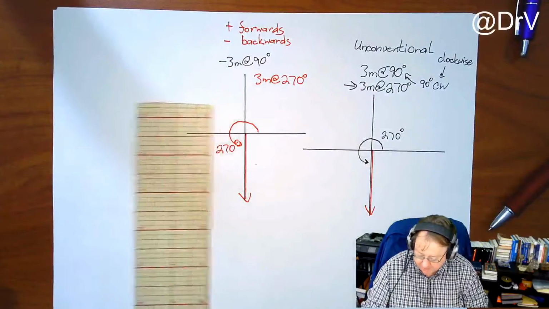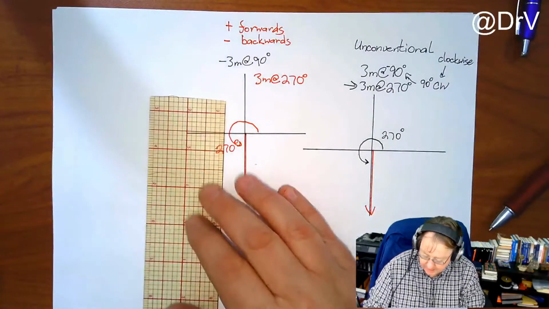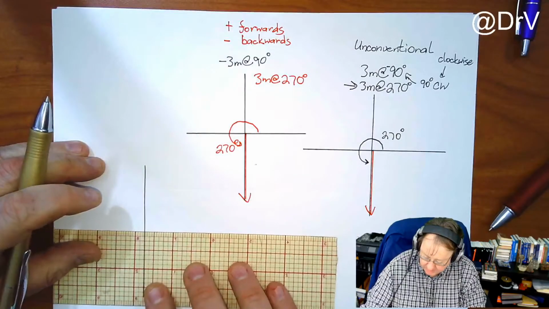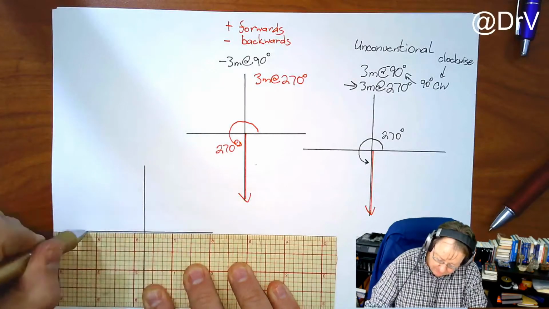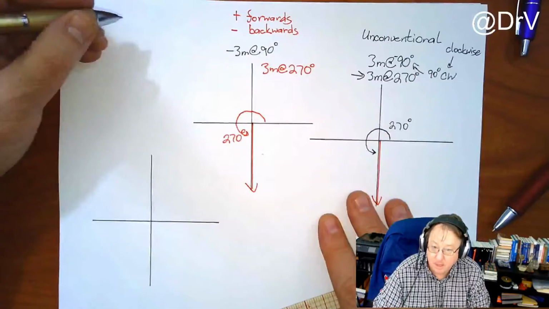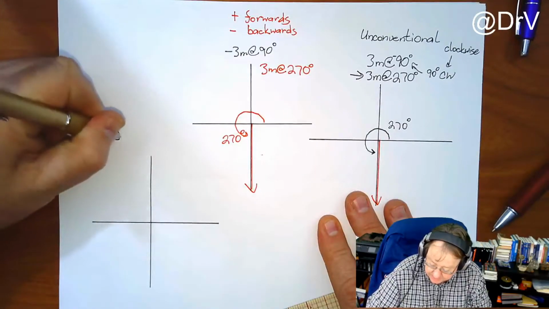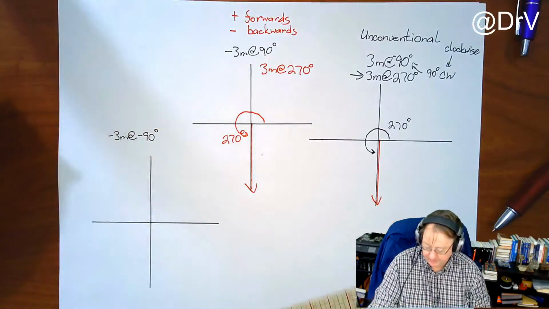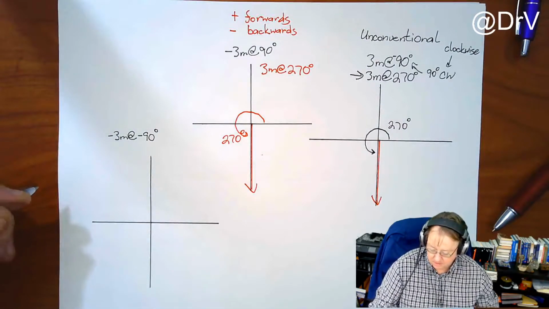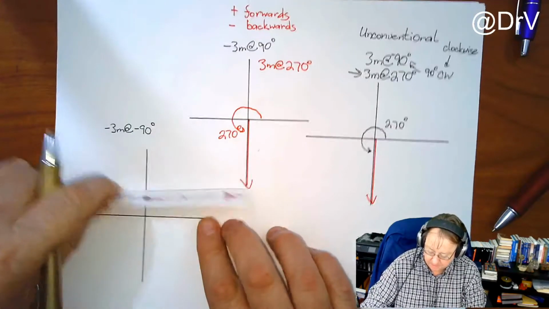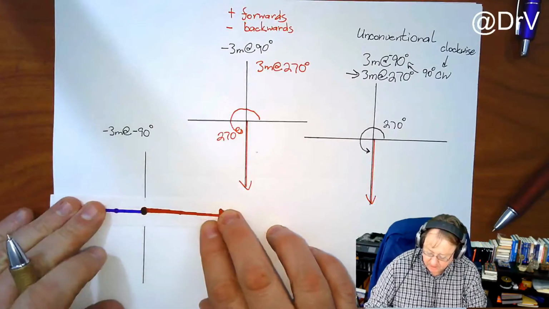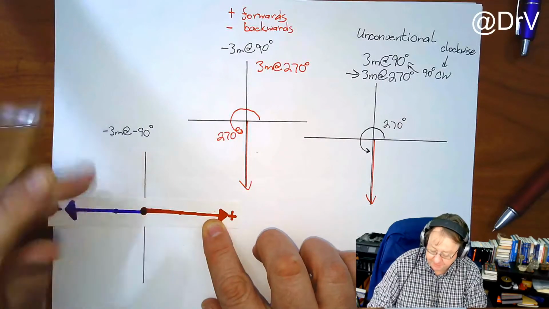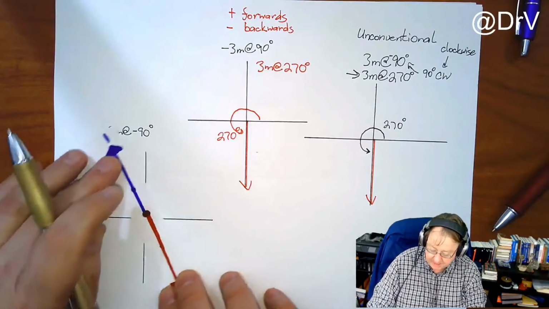The last one is the double negative. Let's do negative 3 meters at negative 90. So you start in the conventional setup, the angle is negative, so you're going to rotate clockwise 90 degrees.